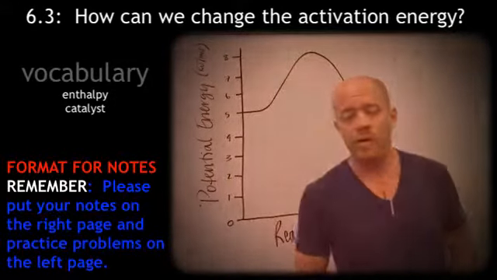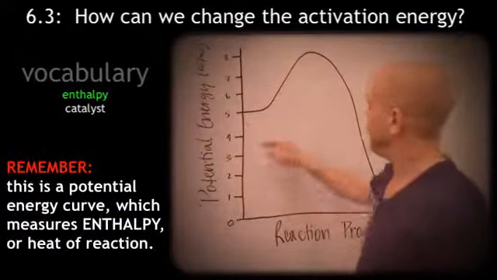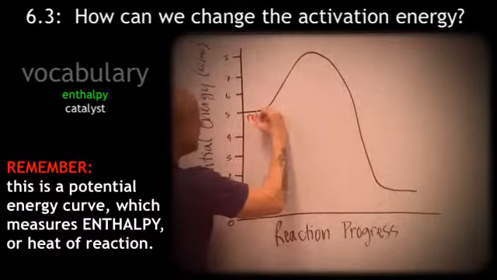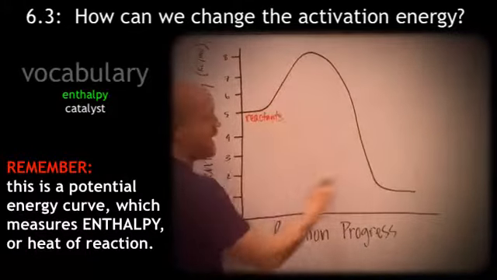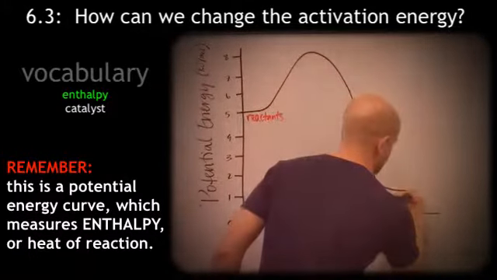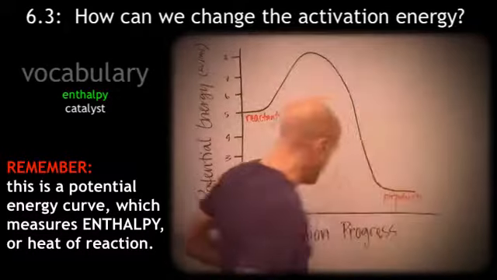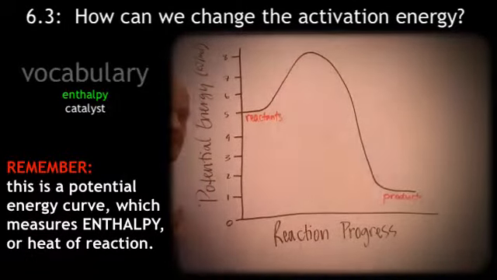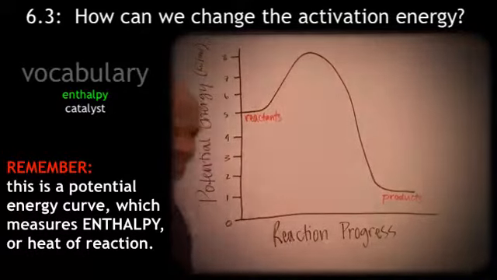Now, what we learned in the last video in 6.2, we have the potential energy of the reactants and the potential energy of the products. We have the reaction coordinates, or the reaction progress, and then we have the potential energy on the side.